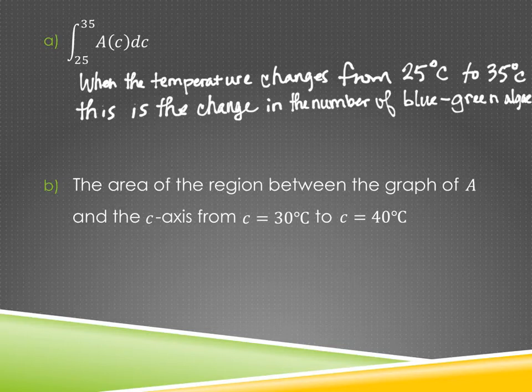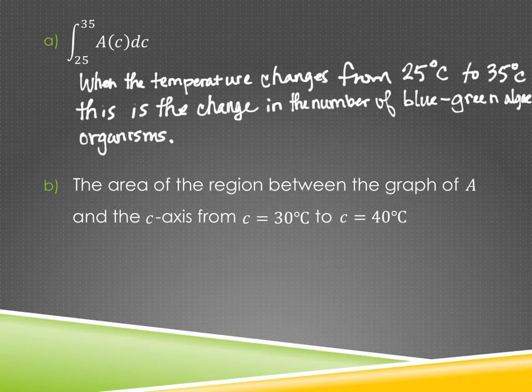Organisms. Yeah, that's it, because the organisms per degree Celsius was the rate. So when the temperature is changing, this is the change in the number of blue-green algae.